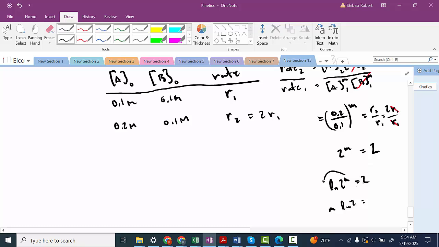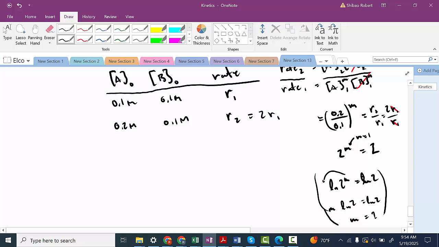Sorry, so I need to take the ln of this side too. And then just divide, and so M is equal to 1. We could have eyeballed that, because 2 to the M is equal to 2, M must be equal to 1.